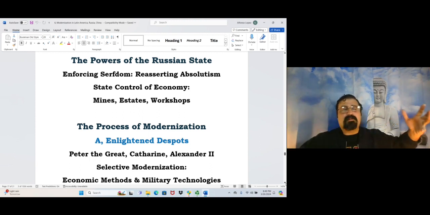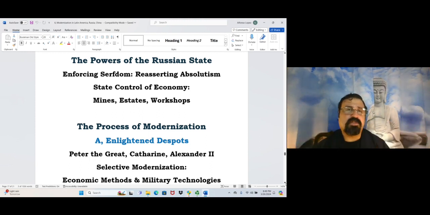The entire economy will fall under the control of the Tsar, in other words, and his regime, his administration. They're taking control of not only agriculture and trying to enforce serfdom, but also of mines, for example, commercial estates, and also workshops as well. So they are directing this process, the process of modernization.